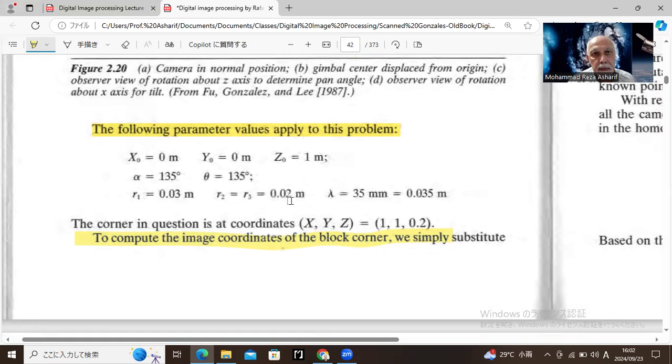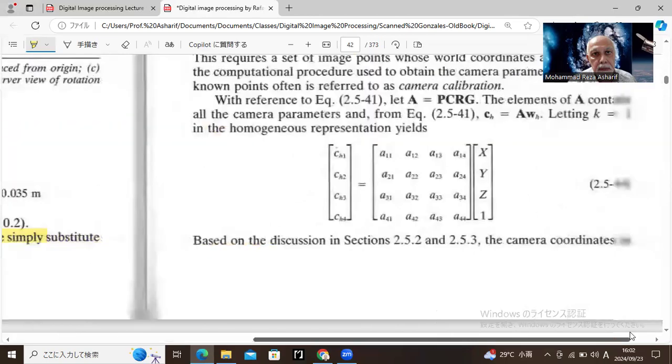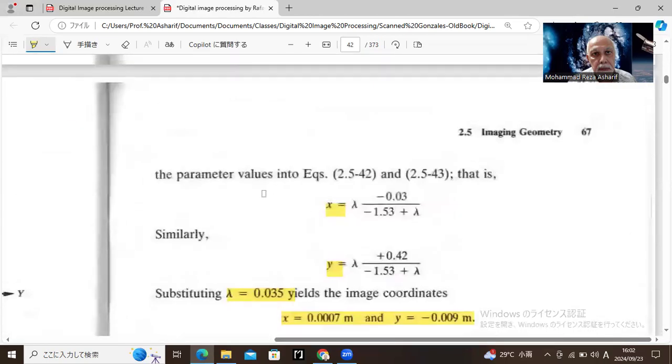0.035 meter. So after putting this into the equation, the computation of the image coordinate of the block corner, we simply substitute the parameter values into equations 45, 43, and we obtain x like this and y like this.